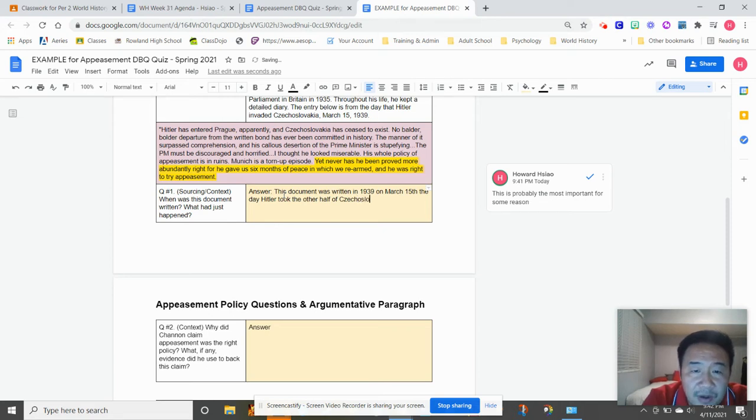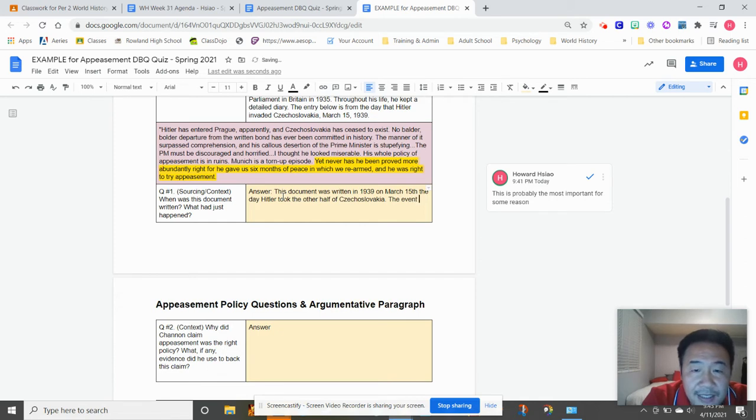Actually, there's the Czech Republic, so maybe it is half a country. So you want to be as specific as possible. So I'm going to write, the document was written in 1939 on March 15th, the day Hitler took the other half of Czechoslovakia. Maybe you want to talk about the implications of that. And so what just happened is something that you probably better explain.